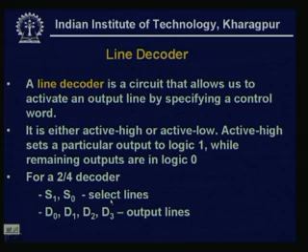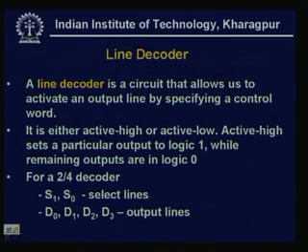First we define what we mean by a line decoder. A line decoder, or simply decoder, is a circuit that allows us to activate an output line by specifying a control word. The output can be active high or active low.